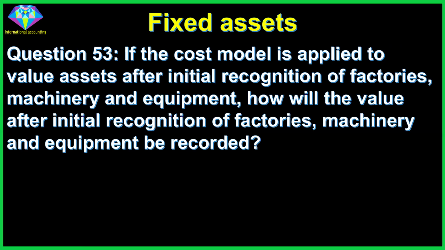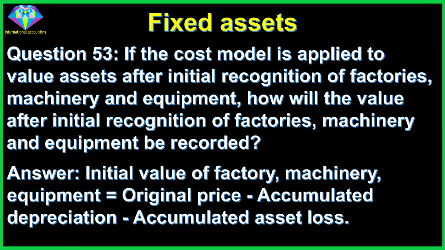If the cost model is applied to value assets after initial recognition of factories, machinery and equipment, how will the value after initial recognition be recorded? Answer: initial value of factory, machinery, equipment equals original price subtract accumulated depreciation subtract accumulated asset loss.